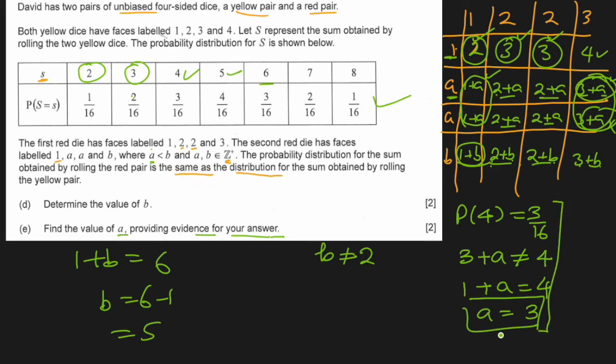We have made the table, and because the probability of 6 was 3 out of 16, the 3 plus A combinations are already true, so we needed only one, and this is the only combination left: 1 plus B. It can't be 3 plus 3, because 3 is already A. So 1 plus B is the one which will satisfy this. So we got it: B is equal to 5 and A is equal to 3.